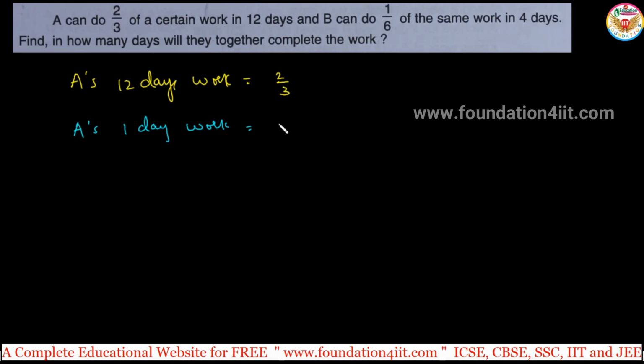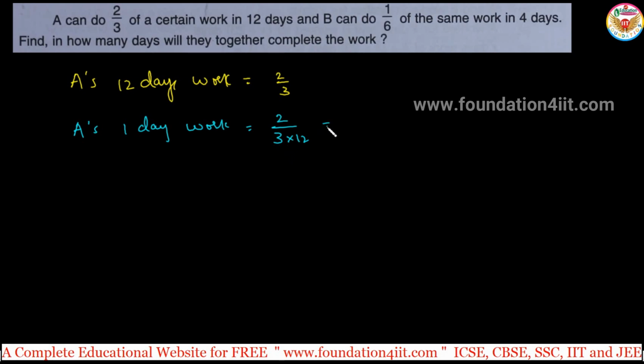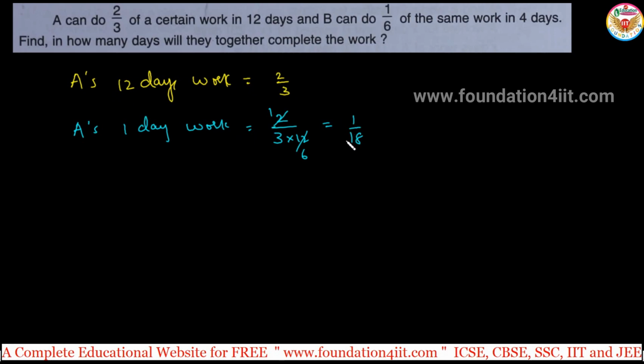That means 2 by 3 divided by 12, that is 2 by 3 into 1 by 12. This you simplify: 2 ones are 2, 6. So 1 by 18 is A's 1 day's work. In 12 days he can do 2/3, so in 1 day, 2/3 divided by 12 is 1 by 18.